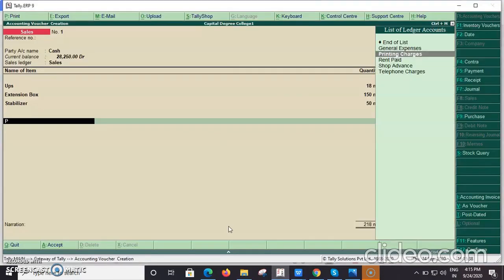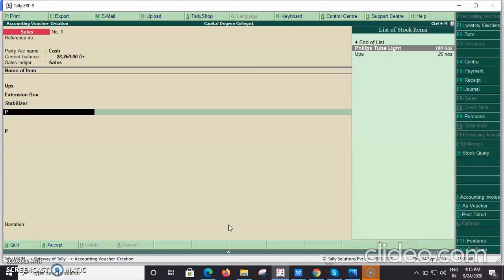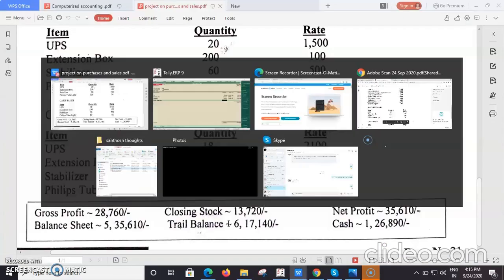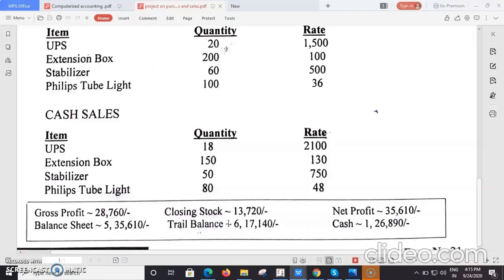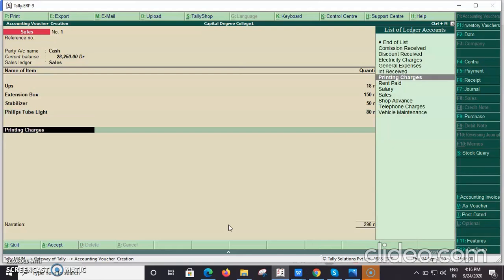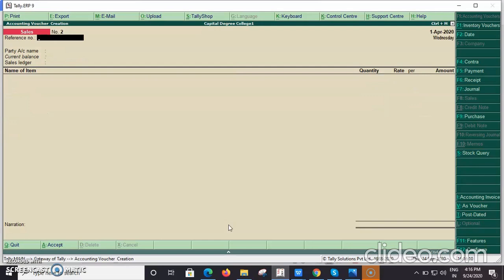Philips tube light, 80, 48. So now save. Now cash purchase entered, cash sales also entered.